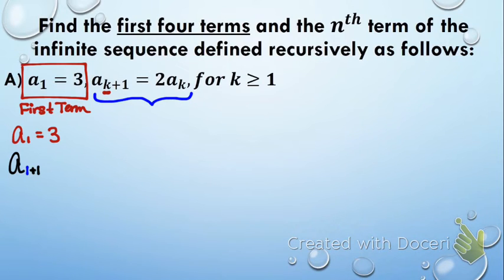This will let me find the second term in the sequence. That is equal to 2 times the first term. So I'm putting 1 in the place of k here. So A2 is equal to 2 times, what was A1 again? 3. 2 times 3 gives me 6.